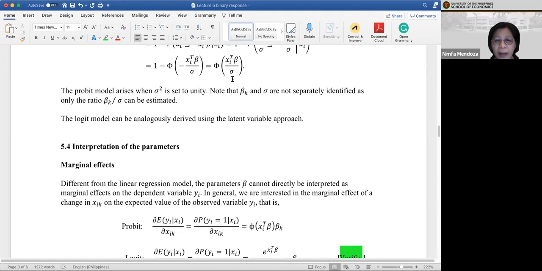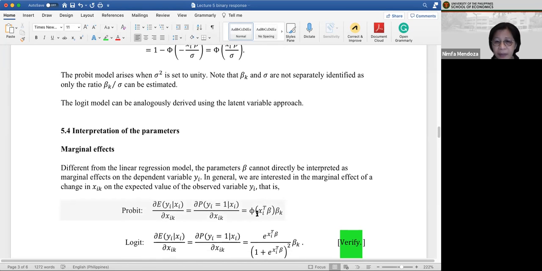So you have to use the chain rule. Get first the derivative of phi with respect to x sub i transpose beta, or you can let this be z, the partial of the CDF with respect to z, times the partial of z with respect to x sub ik. The derivative of the CDF with respect to z would be equal to the density function evaluated at x sub i transpose beta.